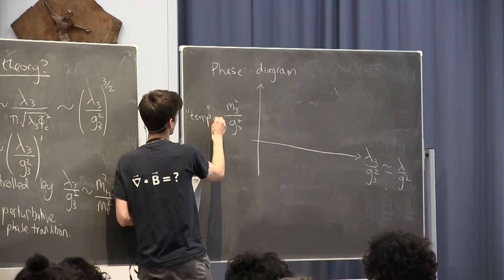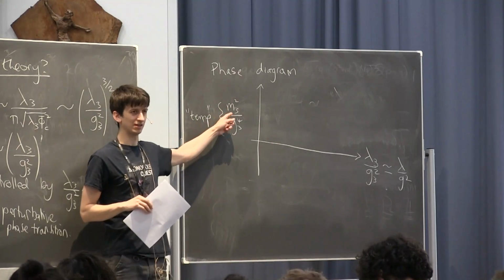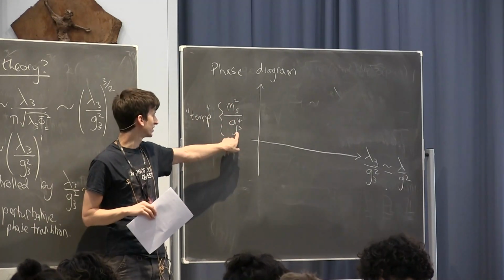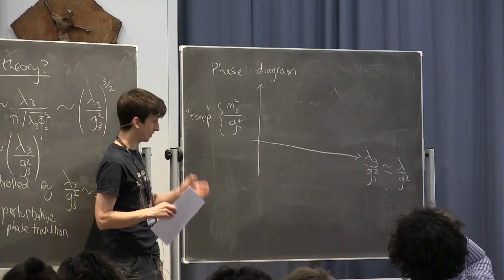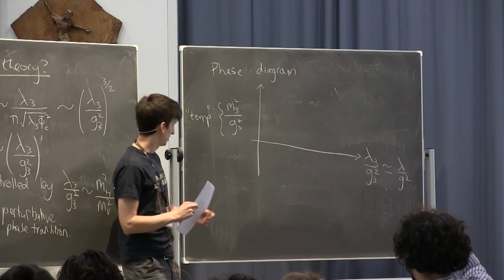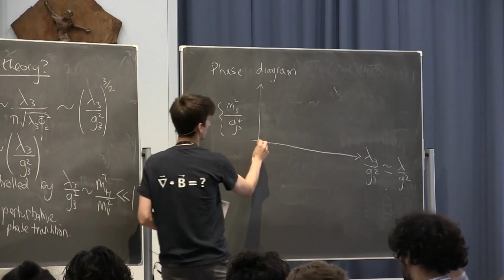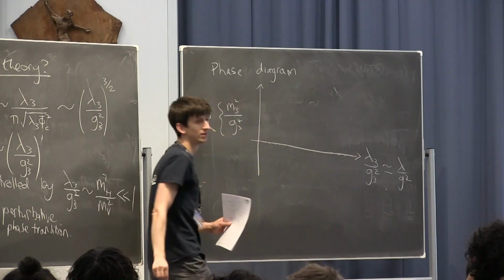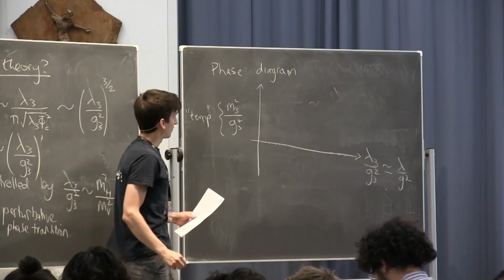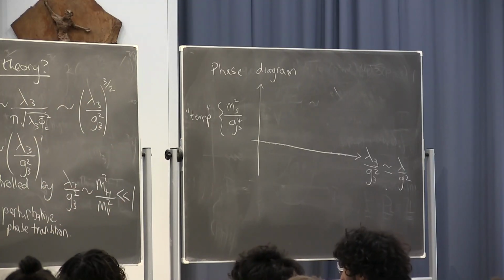So I'll choose this, because if I scale out the T from the couplings, the mass is the only thing that's going to go through zero and change with temperature. Then before I had a line of second order phase transitions where the mass went through zero. Before I had this at leading order. But now I have a line of first order phase transitions at positive mass.